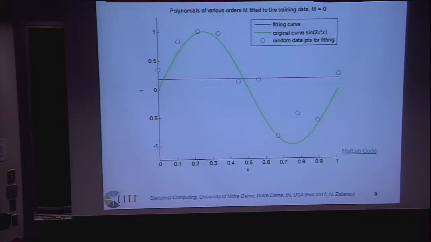All right. So if you try to fit this to polynomials of order 0, so basically the constant line, you get something like this. Obviously this is not acceptable. You underfit.